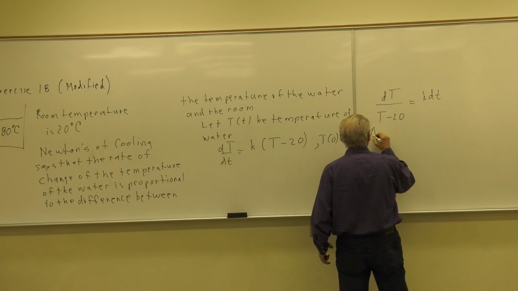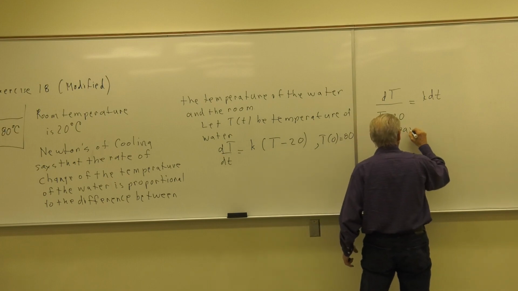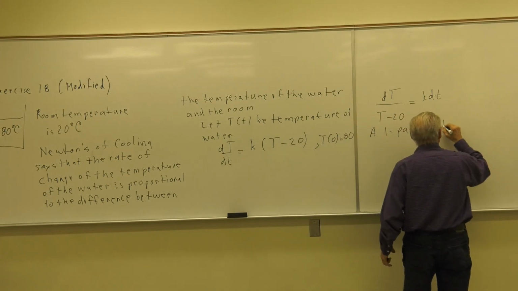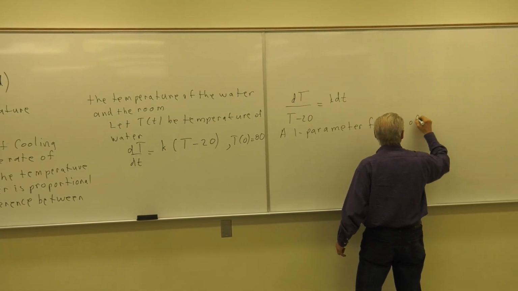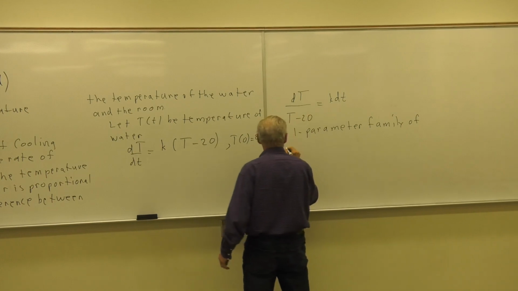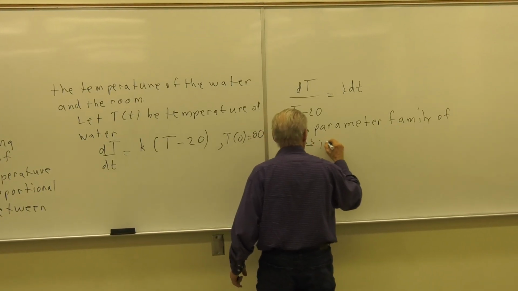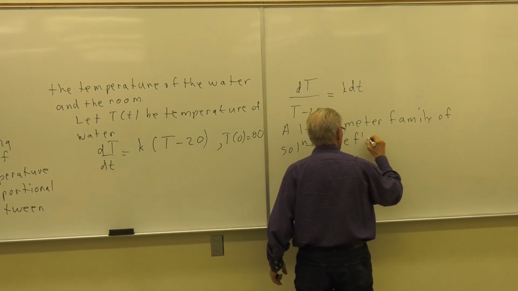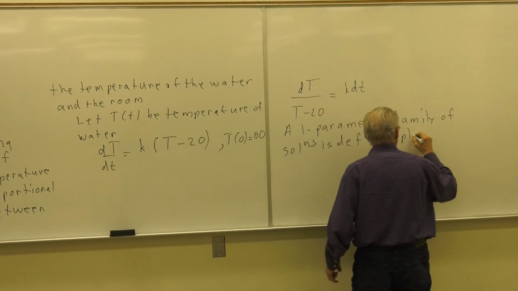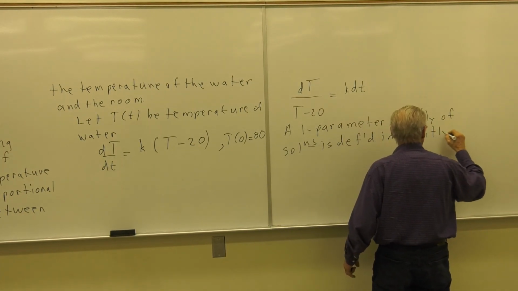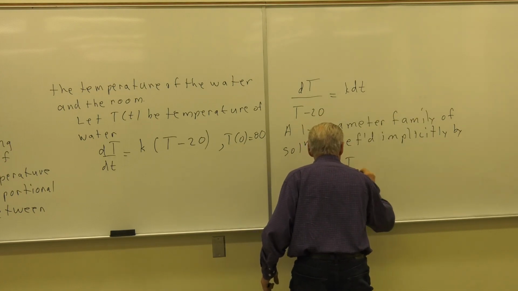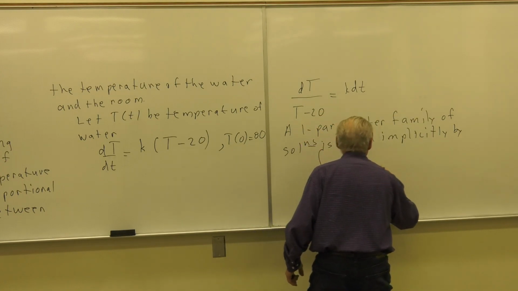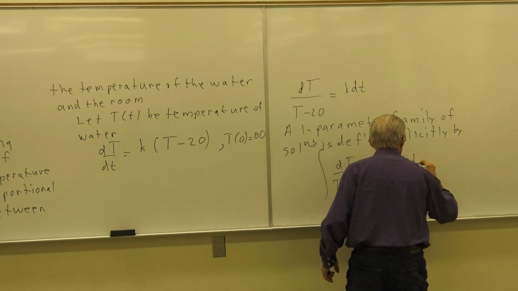So we can say a one parameter family of solutions is defined implicitly by the integral of dT over T minus 20 equals the integral of k dt.